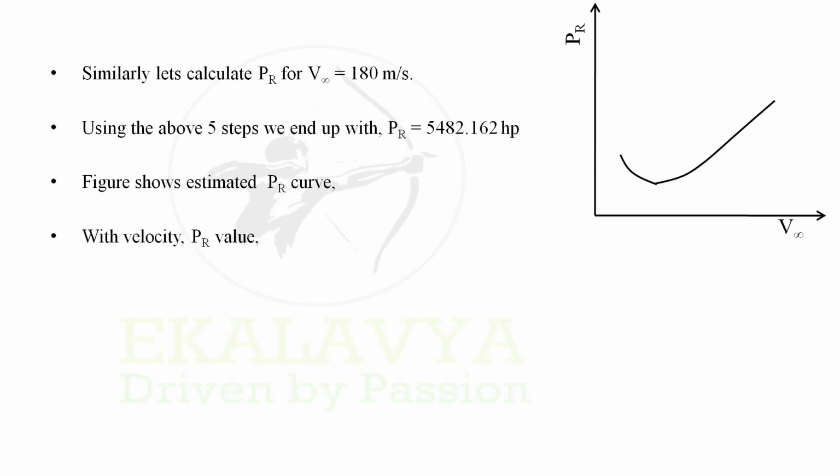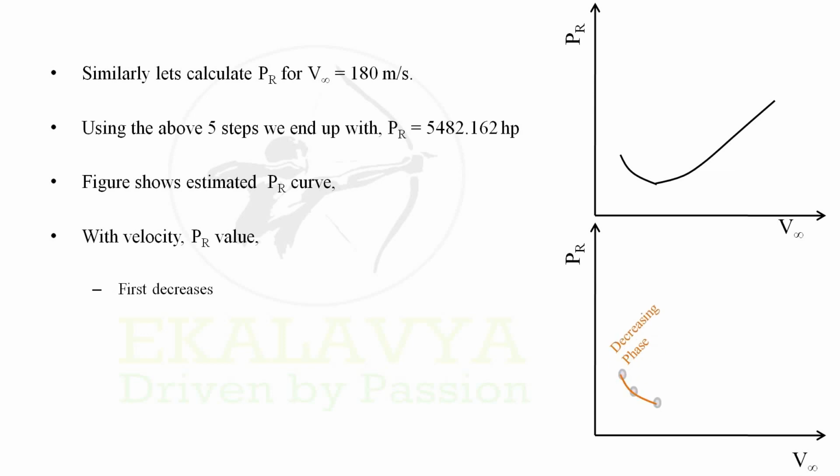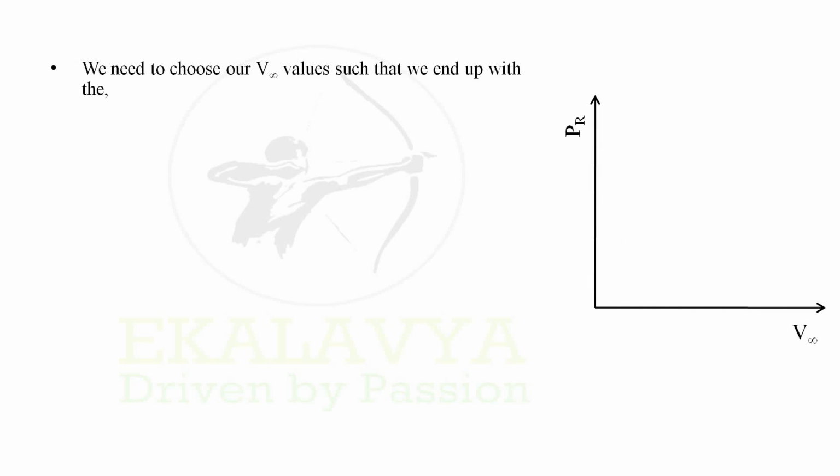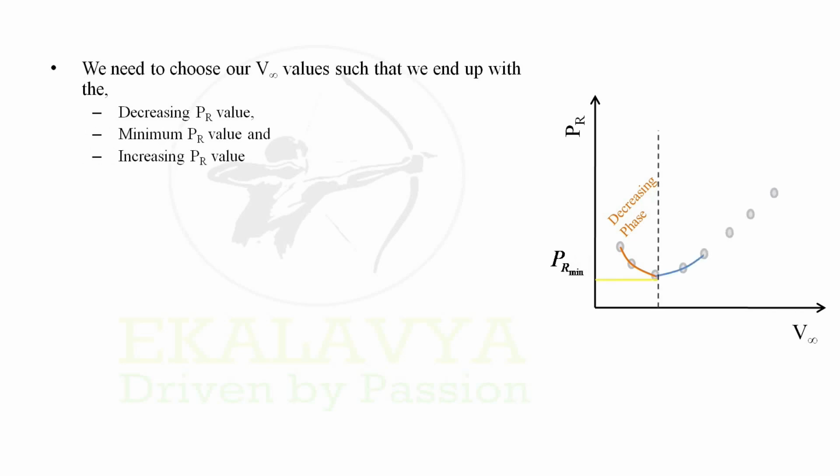With velocity, the power required value first decreases, then reaches a minimum value, then increases. We need to choose our V infinity value such that we end up with the decreasing power required value, minimum power required value, and the increasing power required value.